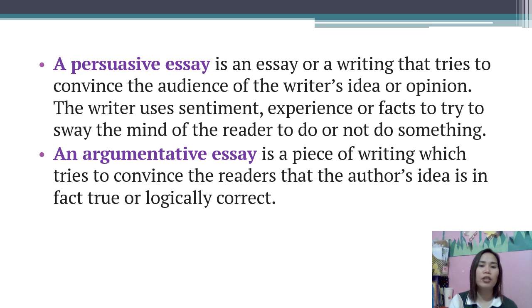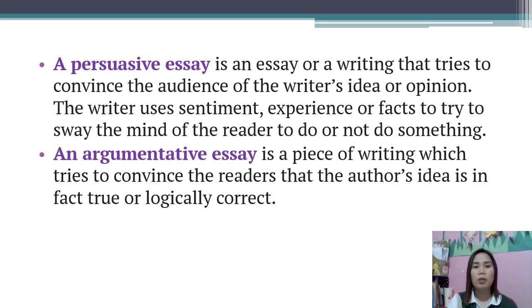While an argumentative essay is a piece of writing which tries to convince also the readers that the author's idea is in fact true or logically correct. And usually this type of writing is used to defend or to prove a point or an idea. And to write this essay, a thorough research is needed as one needs all available evidence, facts, and information in order to prove his or her point.